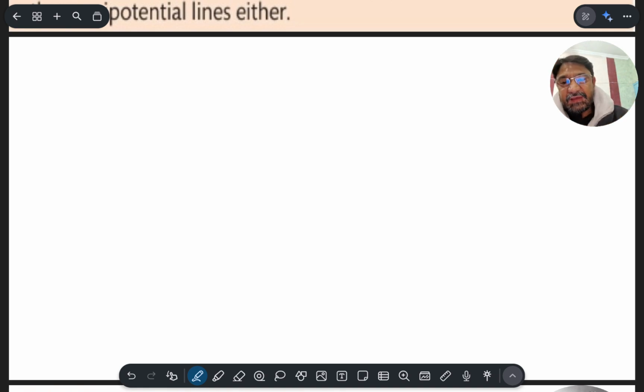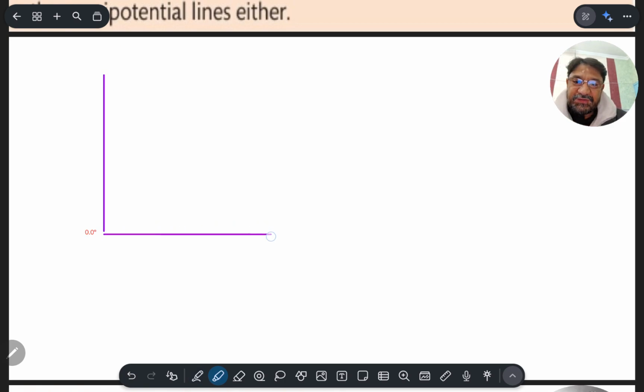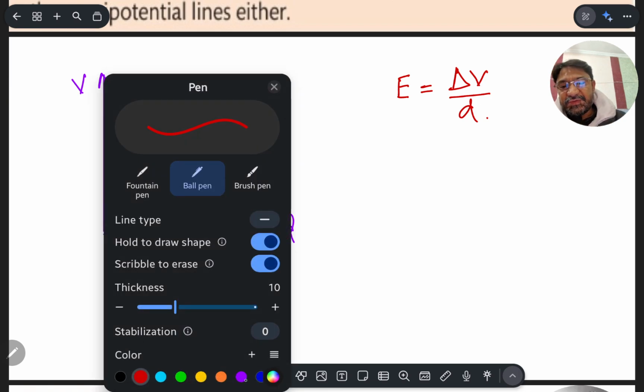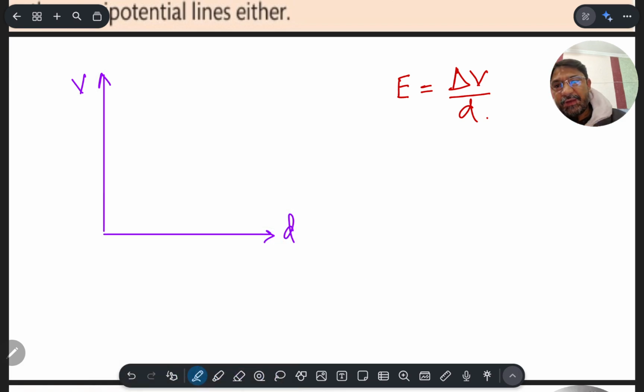As I was telling you, if we have the graph of potential difference against distance D, E is equal to delta V divided by D. It means that in this graph there will be a variation.